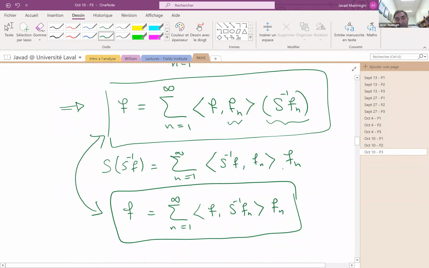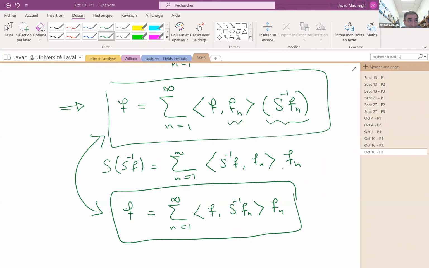But in terms of Fn and Gn, now we have Fn and S^-1 Fn. So this is a representation for F. So in a sense, we succeeded. We obtained the representation.